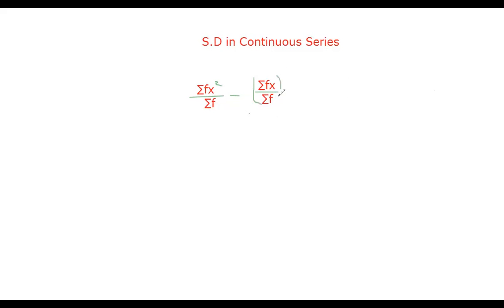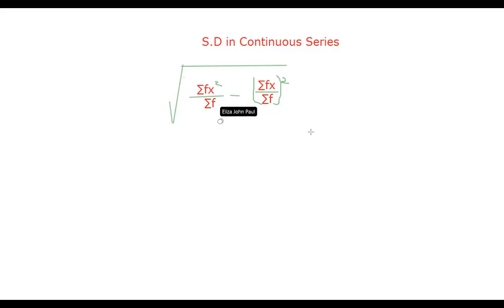And don't forget to take the square root. Square root is compulsory. So this is the formula for standard deviation in continuous series and discrete series.